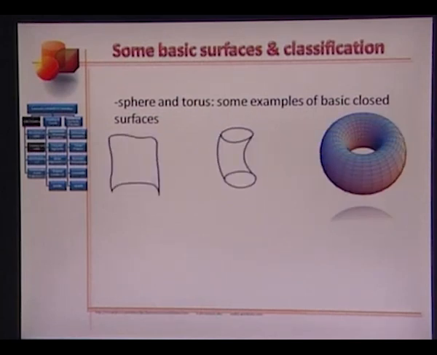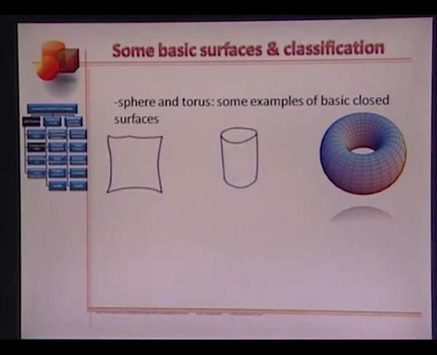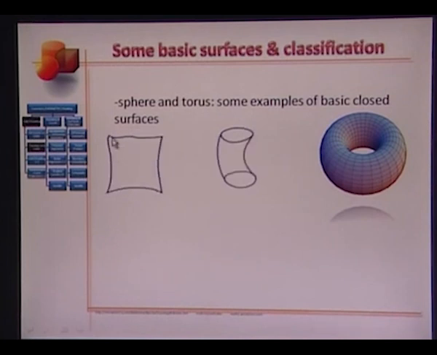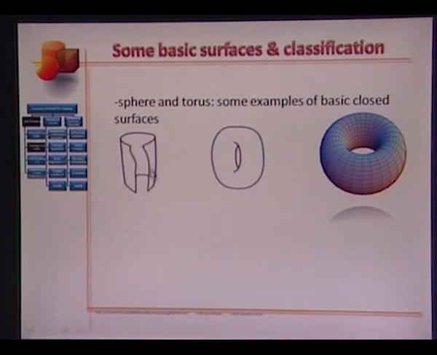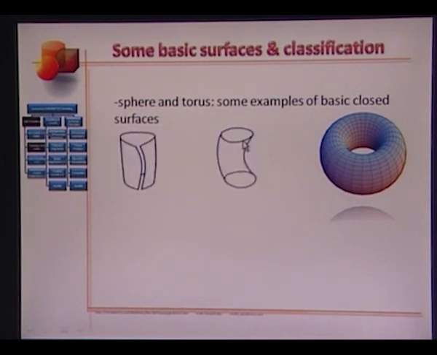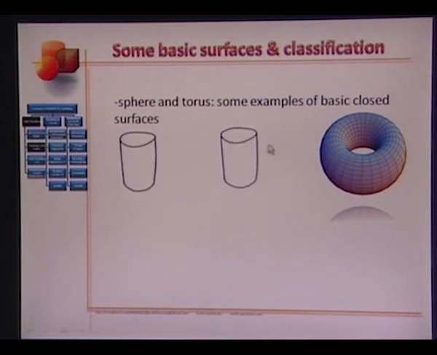This is how a torus can be constructed. Take a rectangular piece of paper, join the two opposite ends to form an open cylinder, and then glue the two boundaries of the open cylinder together to get a torus.